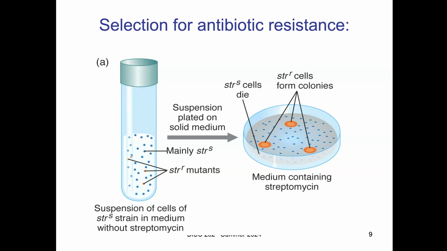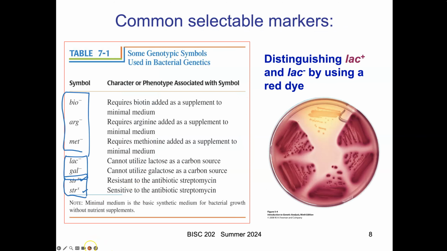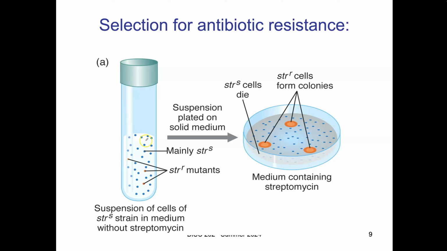So we're looking for those rare mutations. There's lots and lots of cells in here, and we plate them on generally a lot of plates because, as I said, it's very rare, maybe 1 in a billion kind of rare. And so we plate them on a large number of plates, and then we are able to select, because only the ones that actually have that rare mutation are going to grow.